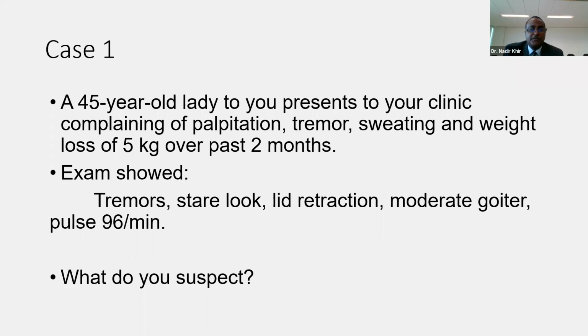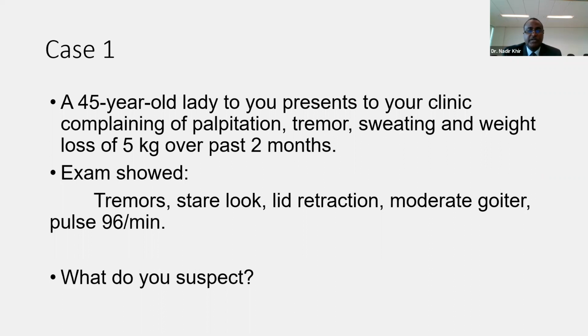I have a couple of cases. I'm not sure we're good on time, but we're going to go quick just to reinforce what we have talked about today. Case 1, a 45-year-old lady presented to your clinic complaining of palpitation, tremor, sweating, and loss of 5 kilograms over the past 2 months.